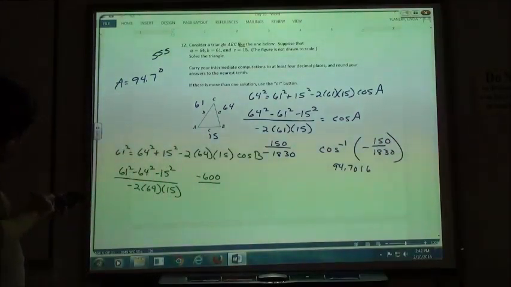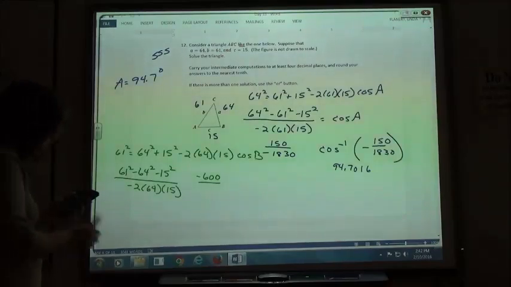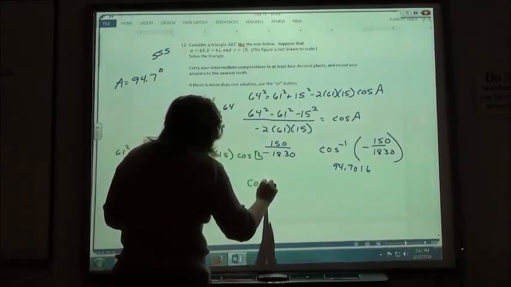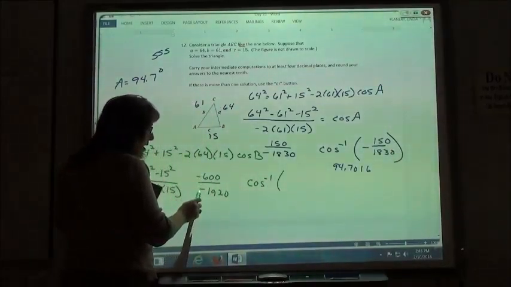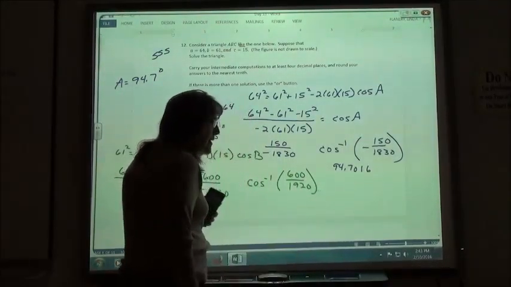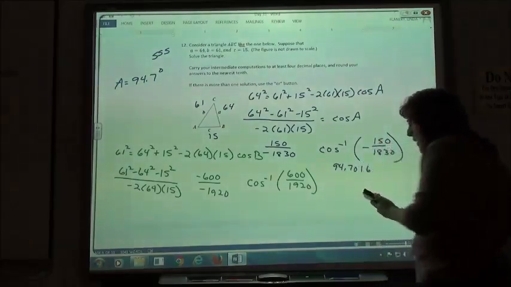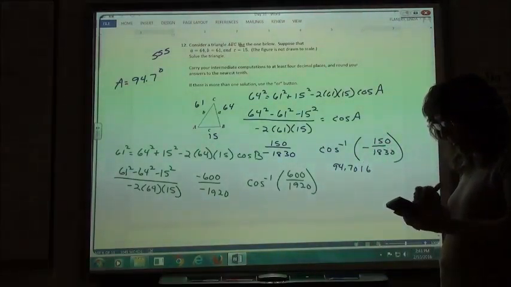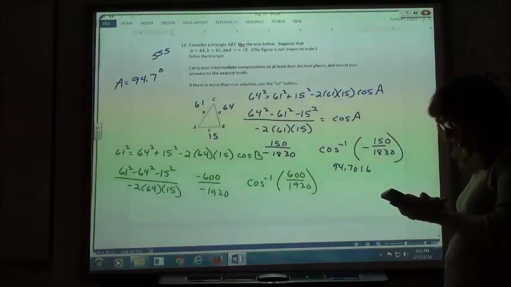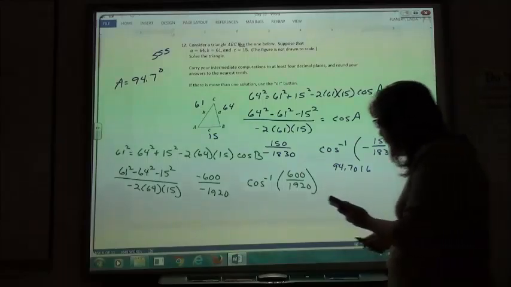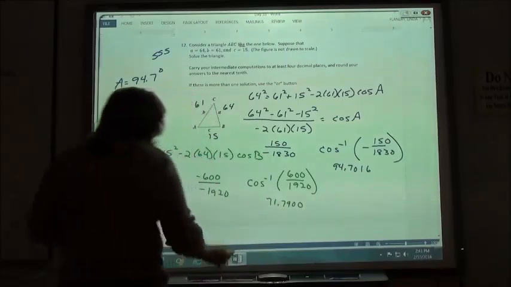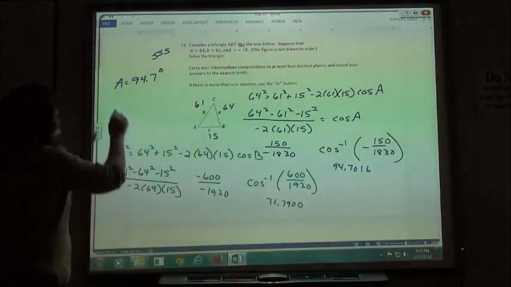Negative 2 times 64 times 15, negative 1920. So we're going to do the inverse cosine of, I have a negative over a negative, so a positive 600 over 1920. So inverse cosine, parentheses, 600 divided by 1920, close my parentheses, gives me 71.7900. So that's going to round up to 71.8.